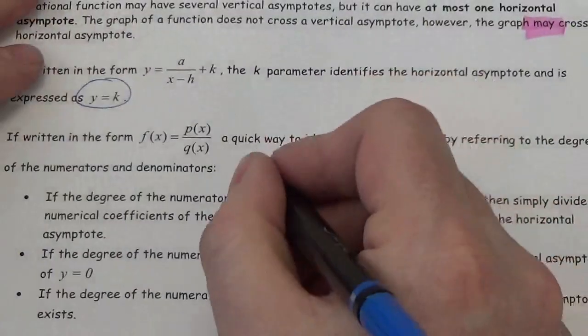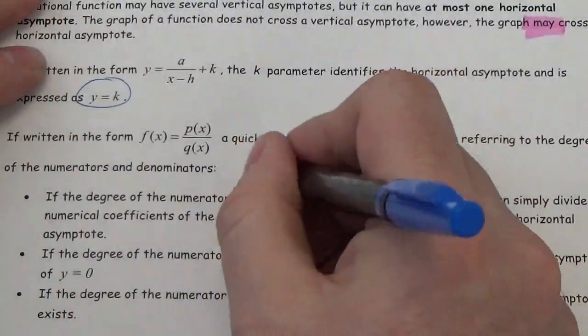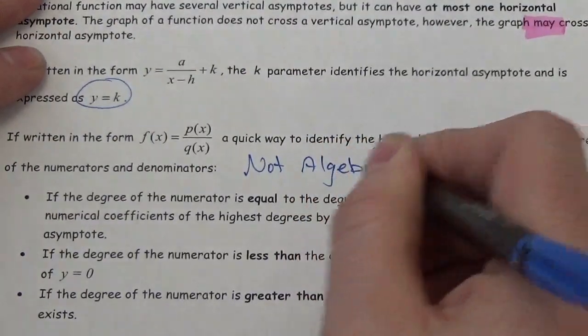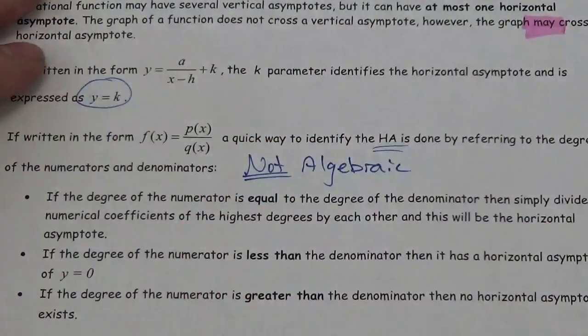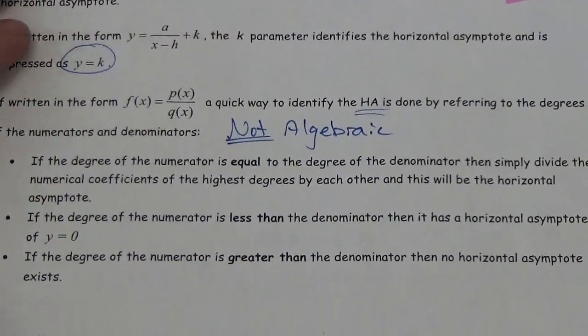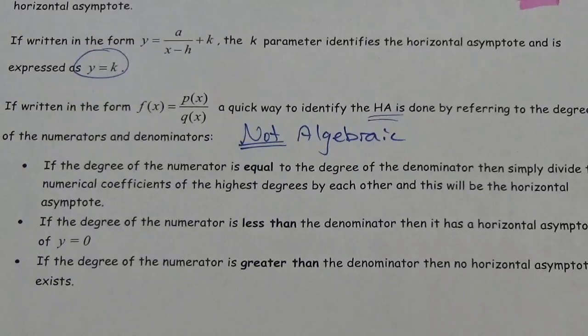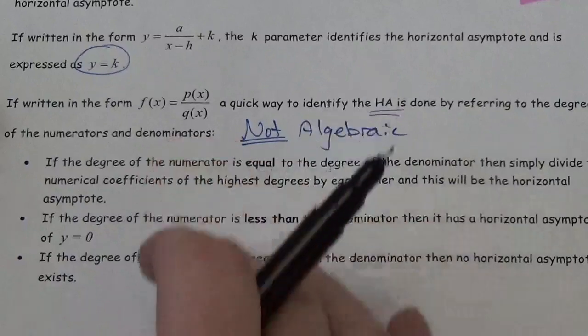However, everybody, what we're about to show you is not algebraic. I can't overemphasize that. Although this is going to let you immediately tell whether you have an asymptote or not, and also what that asymptote is, if you were asked on an exam to algebraically identify the asymptote, you could not use this.